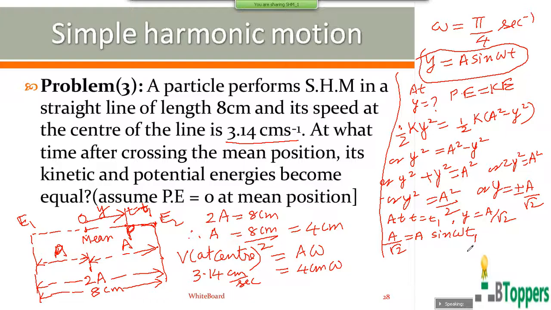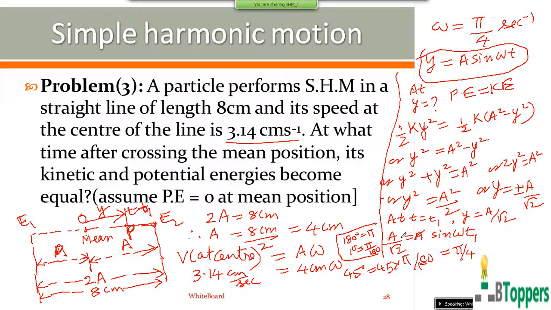So sine 45 degrees equal to 1 by root 2. If you convert 45 degrees to radian, you must be familiar with the conversion from degrees to radian. 180 degrees is pi radian. So 1 degree equal to pi by 180 radians. So 45 degrees will be equal to 45 into pi by 180 radians, or pi by 4 radian.